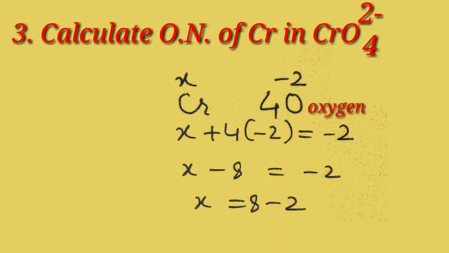Students, generally in neutral molecules, we write the sum of all oxidation numbers as 0. But in this case, the sum of all oxidation numbers is equal to its charge. Therefore, we have to write -2 here. On substituting, we get the oxidation number of chromium as +6.